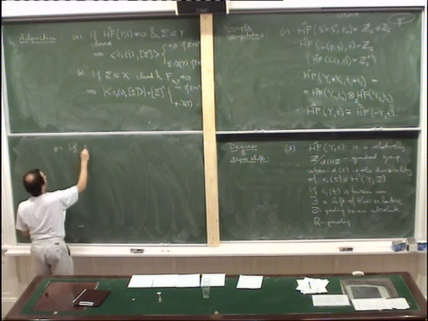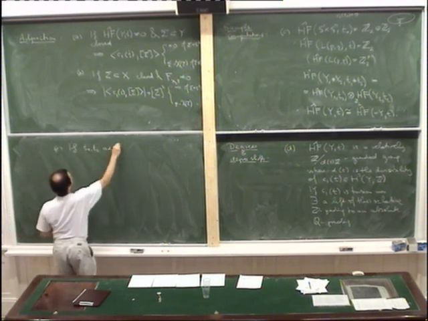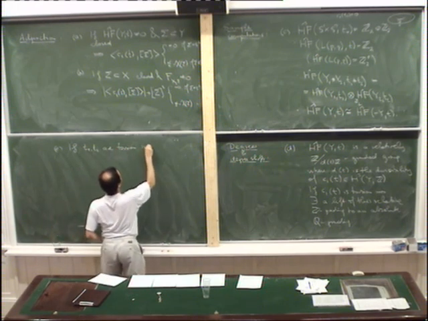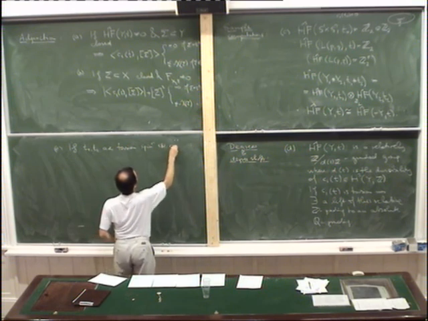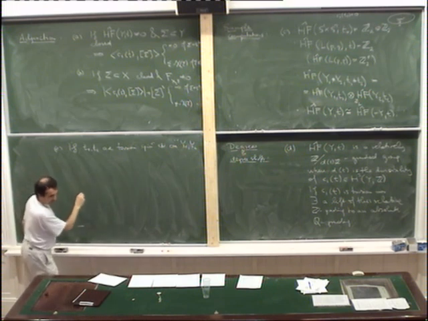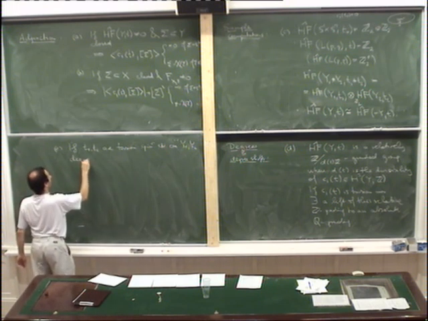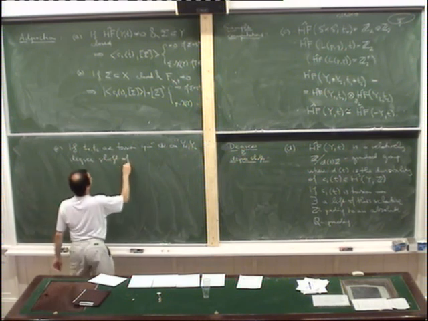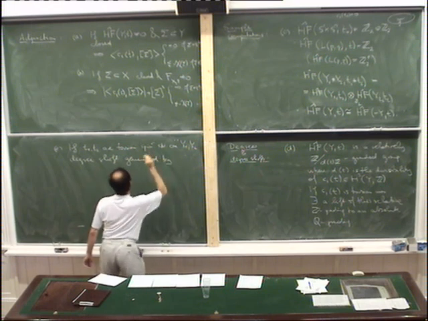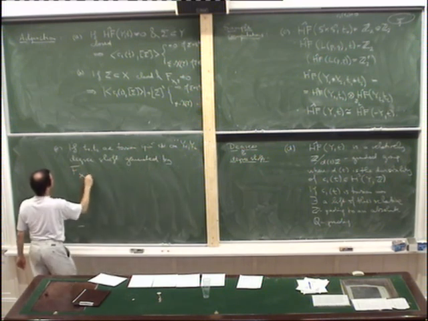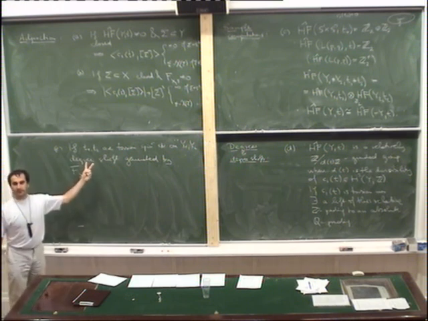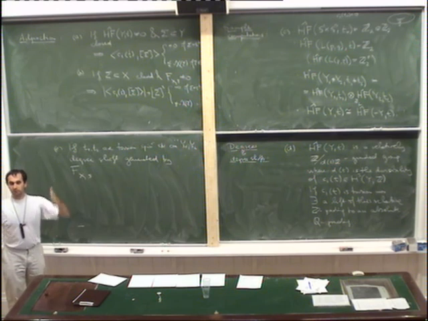If t1, t2 are torsion spin C structures on Y1, Y2, then the degree shift of the map generated by F_{W,s}, where we have a spin C cobordism between the two spin C three-manifolds, both come with an absolute Q grading.